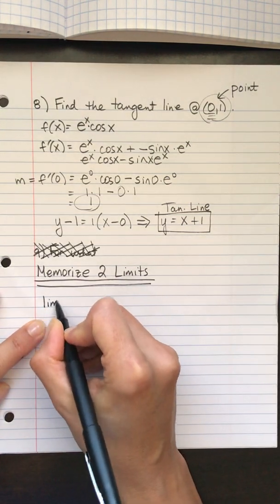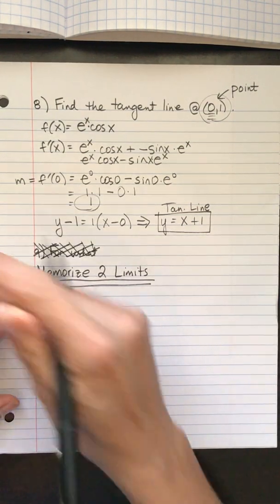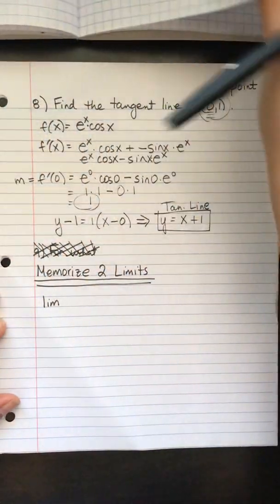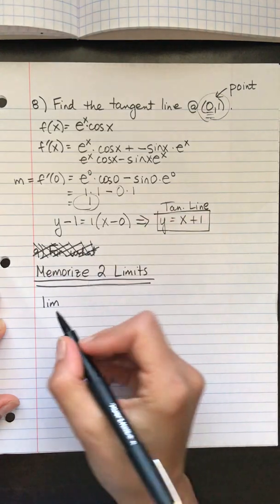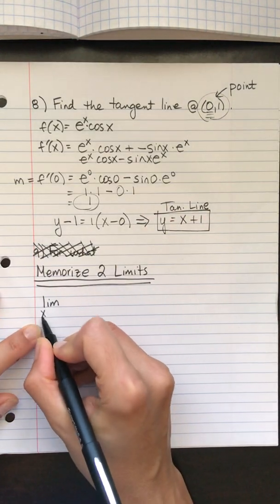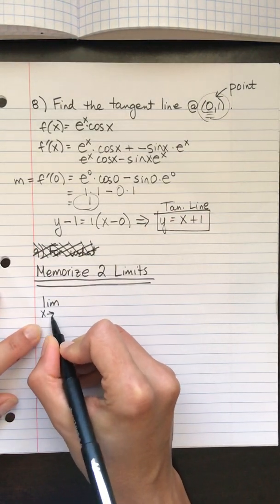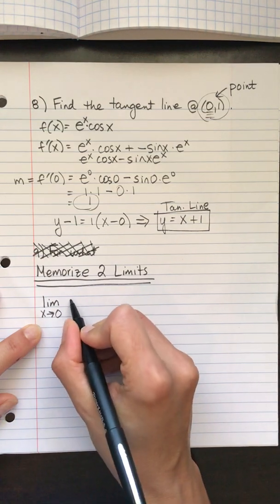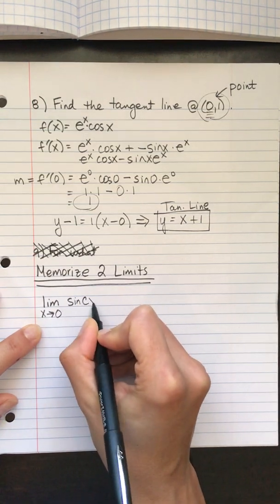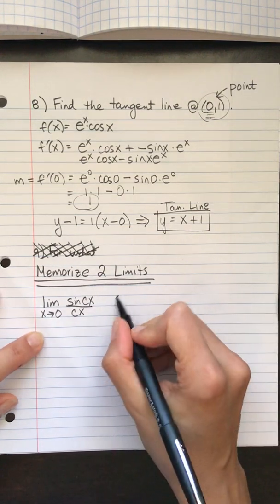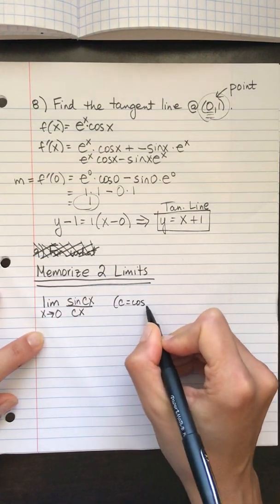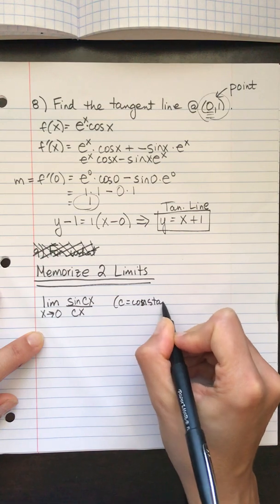The limit as x approaches 0 of sine cx over cx. C equals constant, like 3 or 5.